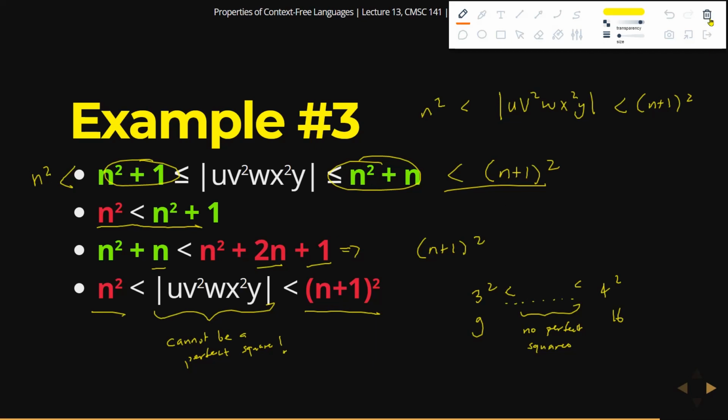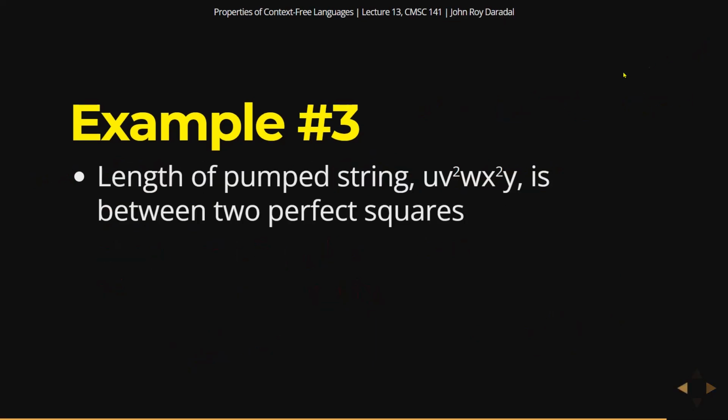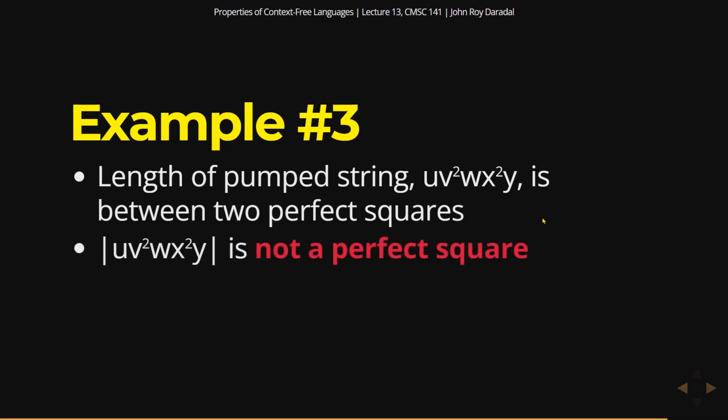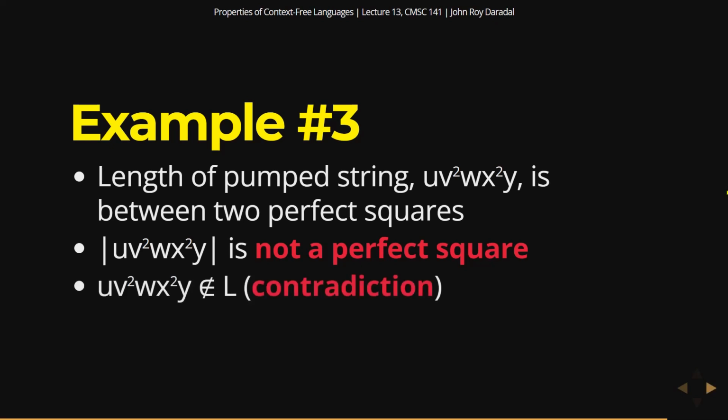So what does that prove? Well, the length of the pumped string is between two perfect squares. That means that it's not a perfect square, and that means it's not part of the language, because the language only takes a number of zeros that is a perfect square.